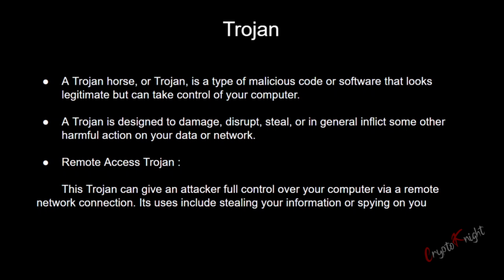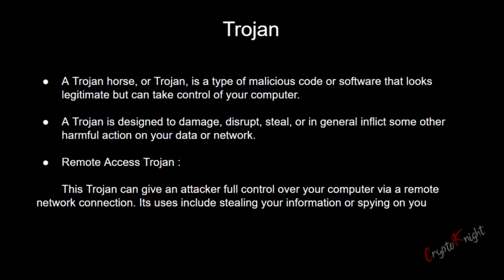A Trojan horse or Trojan is a type of malicious code or software that looks legitimate but can take control of your computer. A Trojan is designed to damage, disrupt, steal, or in general inflict some other harmful action on your data or network. So basically, all malwares have a similar kind of nature; they are destructive in nature.